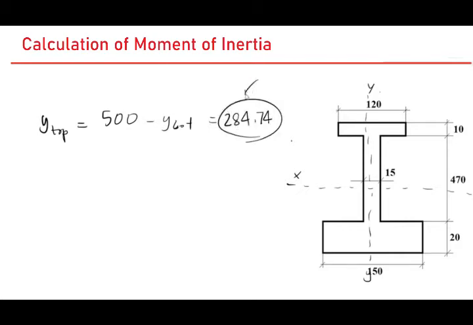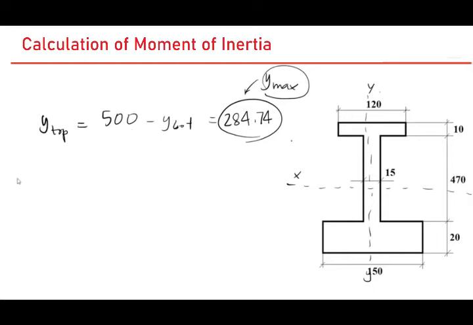Now you can see that this is the y max. You had two y values, y top and y bottom, and this is y max. Now you need this y max to calculate the elastic modulus.